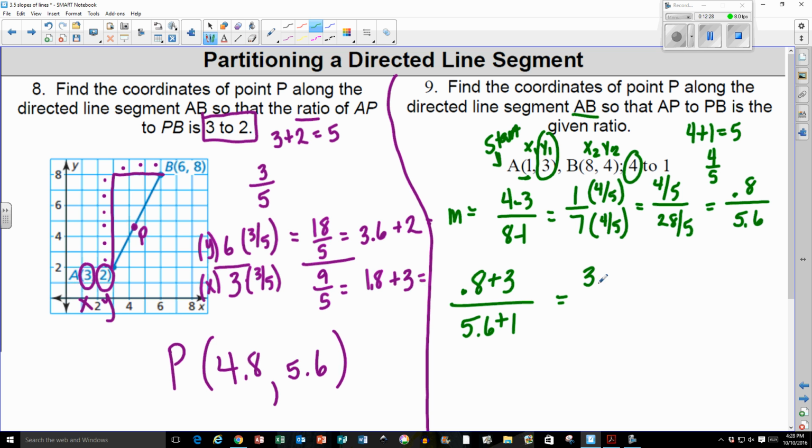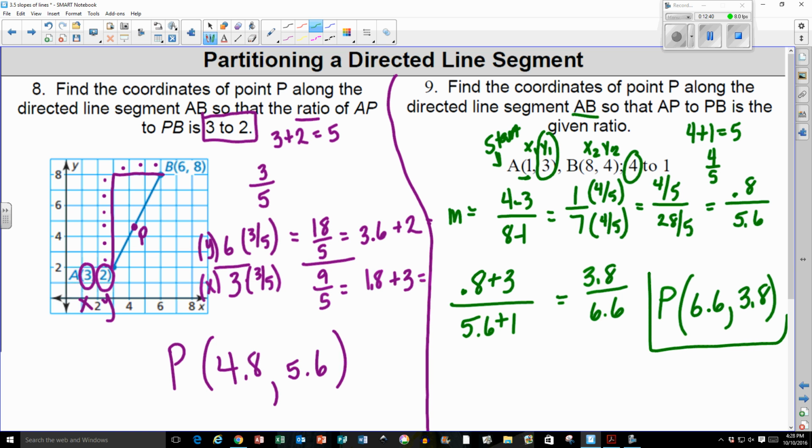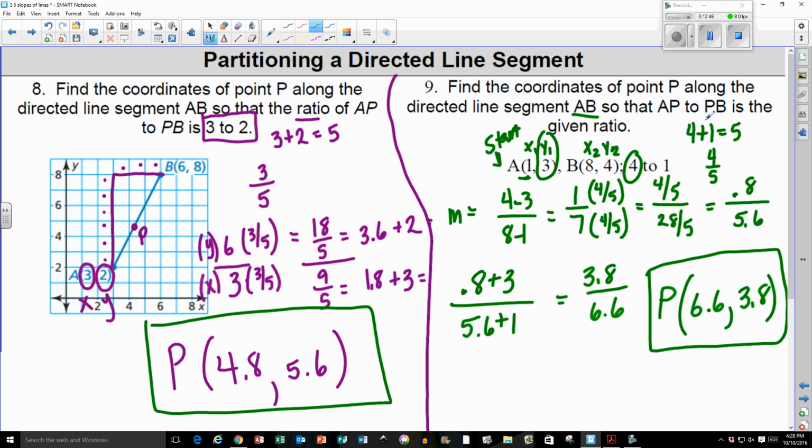So this is 3.8 and this is 6.6. So that means point P is located at 6.6 and 3.8. So that means along this line segment, we're going to go 4 in. All right. So we'll practice some more on that.